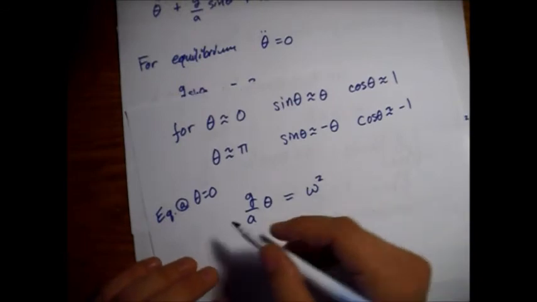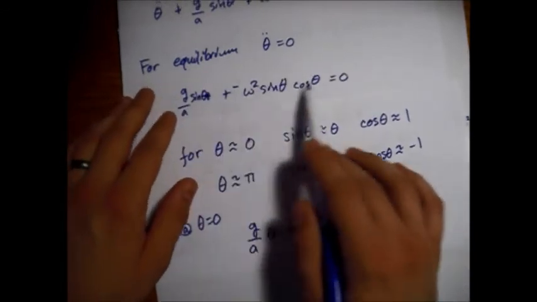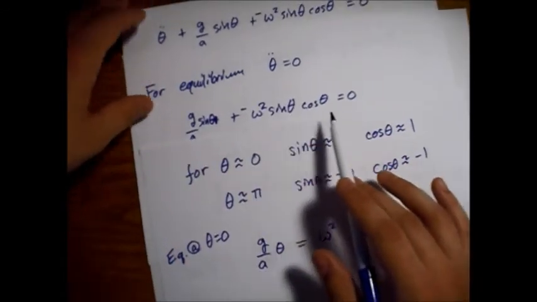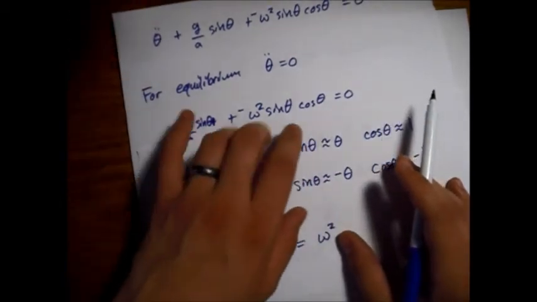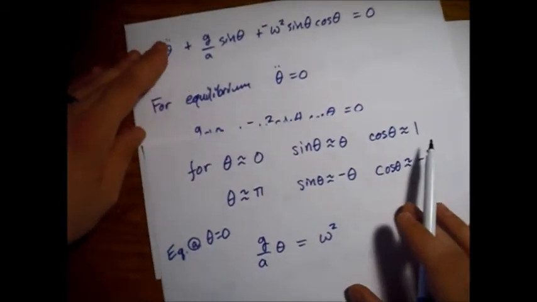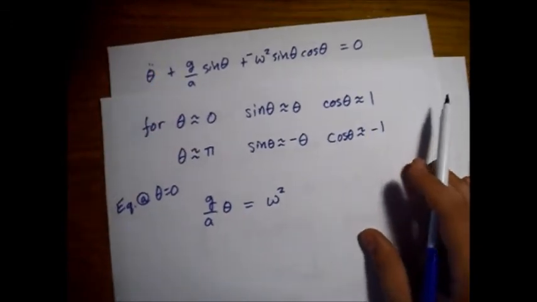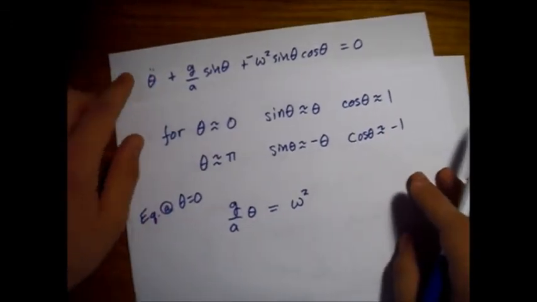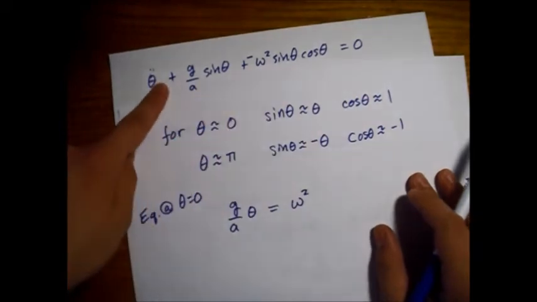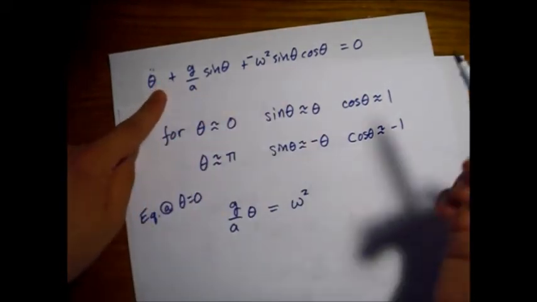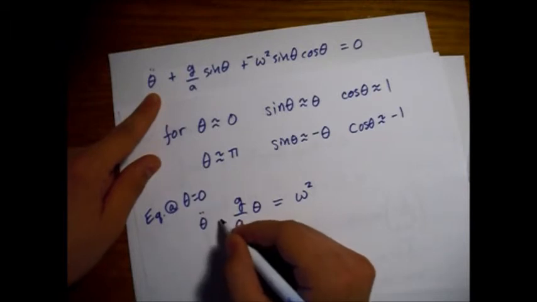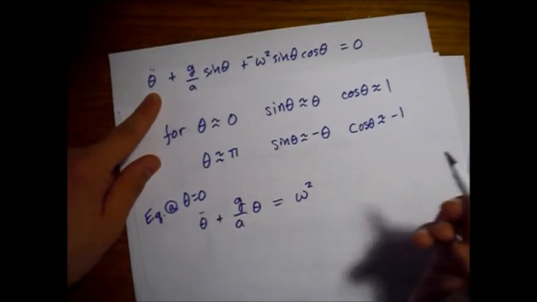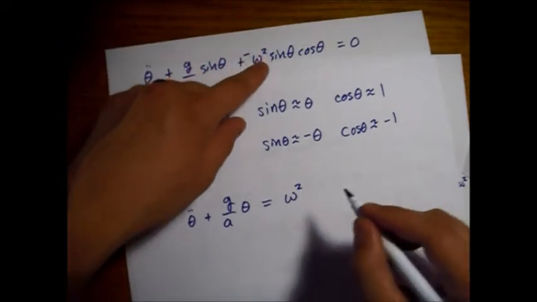Oh, I'm using the wrong equation. Sorry about that. This is an equation where we're saying equilibrium, but we're looking for the oscillation, so we need to use the full-on equation of motion. All I have to do is put a theta double dot right here. Okay, I think we're good now.